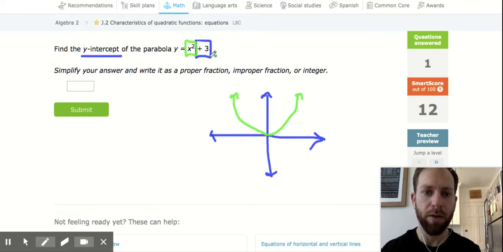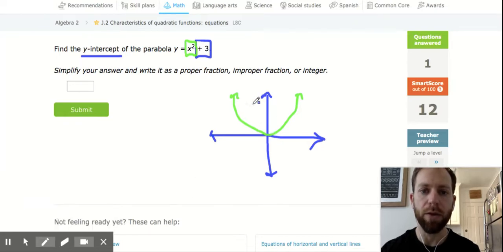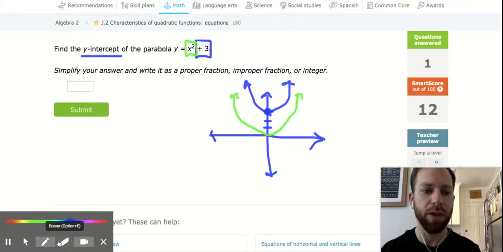But once we add 3 to it, it moves every single point on there up. It would move this up 3, and this up 3, and this up 3, and it would end up moving the whole thing up 3. So it would look like that. So what's the y-intercept right here? Well, the y-intercept is 3. So really you just have to look at the equation in order to figure that out.